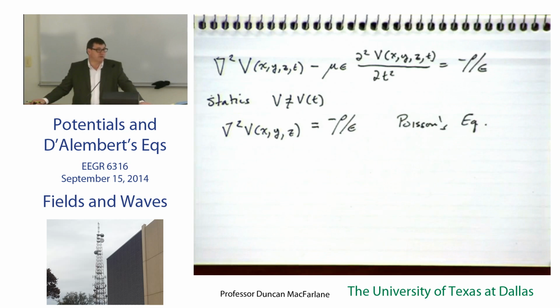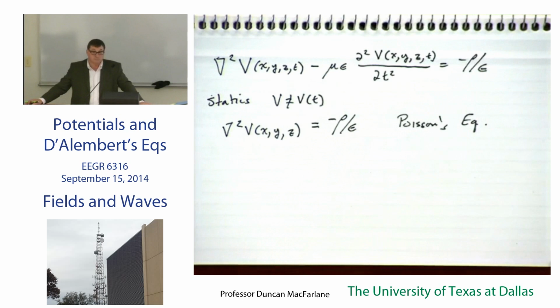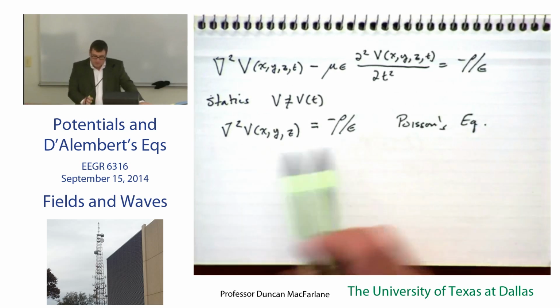Sometimes if you have symmetry, you can integrate both sides, and you can find what V is as a function of space, subject to this forcing term. How many of you played with that in some other class? Not so much. Interesting. Okay.